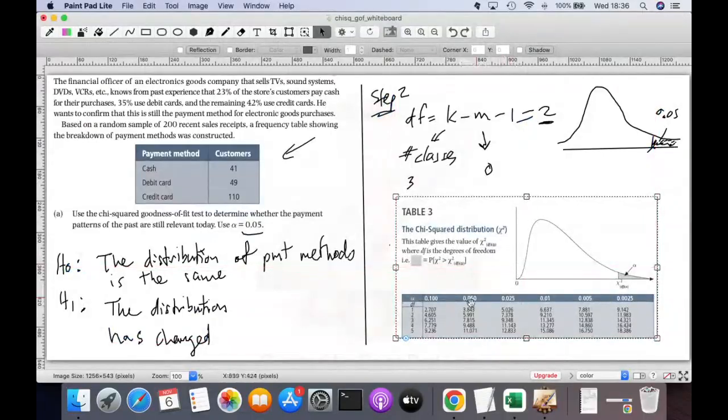Remember, our degrees of freedom is 2 and our alpha is 0.05. So we would be using the value where the 2 and the 0.05 intersect, which is here, 5.991. That's our critical value.